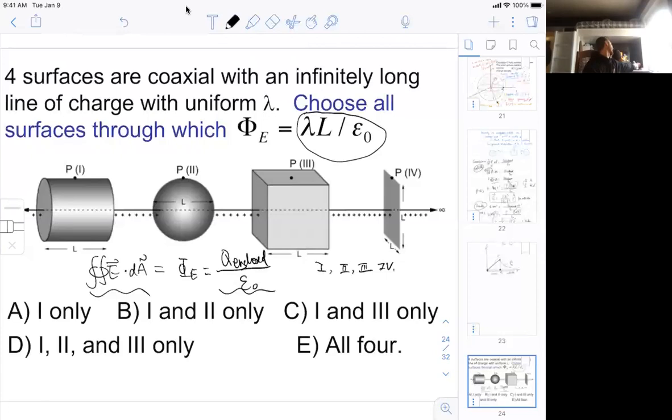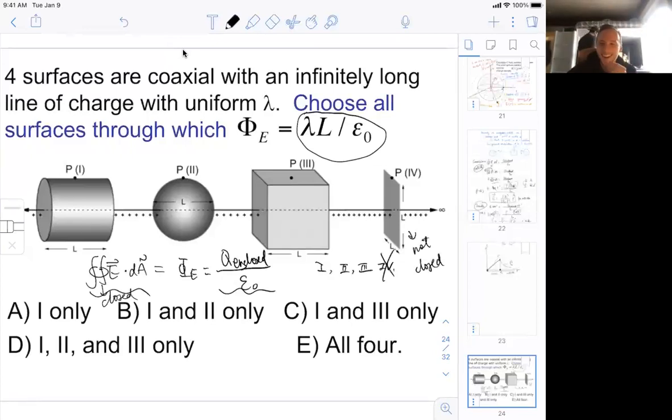Nobody chose 4. So first, can you tell me why 4 doesn't work? What's wrong with 4? It's not a closed surface, so all the charge isn't contained within your Gaussian surface. Yes, very good, Jennifer. 4 is not a closed surface. And remember, we want this to be true for a closed surface.